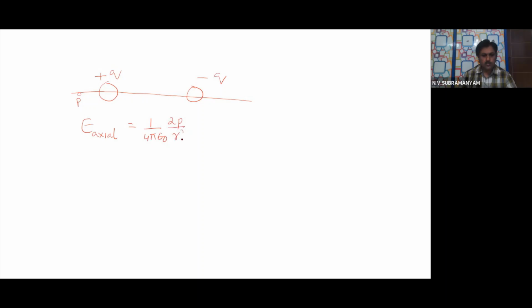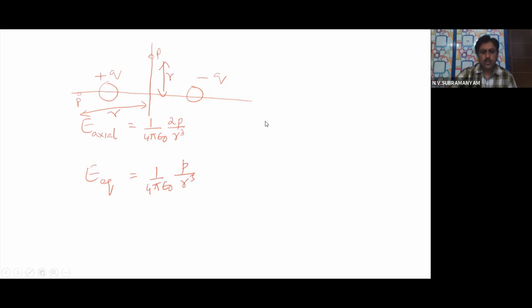Similarly, for any point on the equatorial line, E equatorial is equal to 1 by 4 pi epsilon 0 times p by r cube, where r is the distance of that point from the center. I hope I am clear.